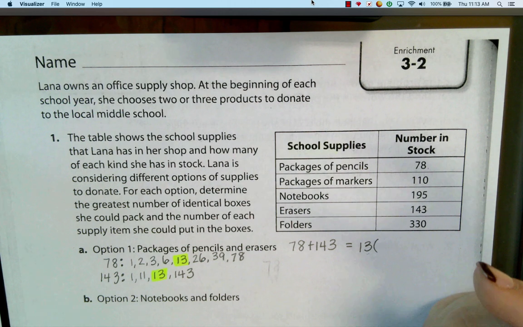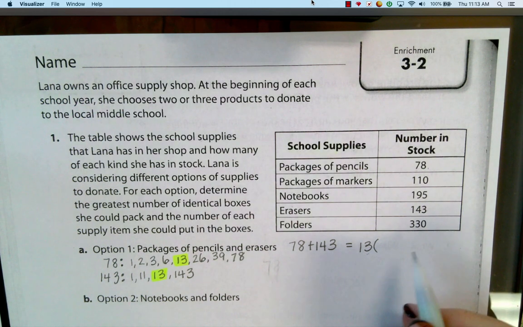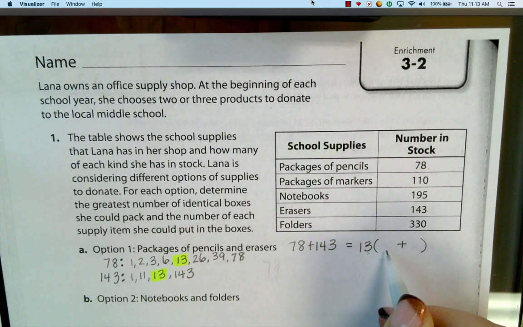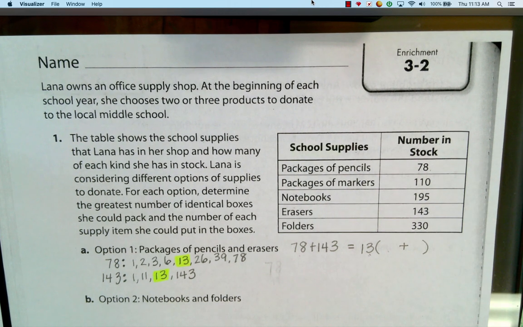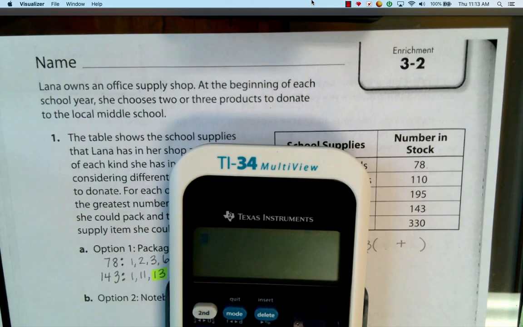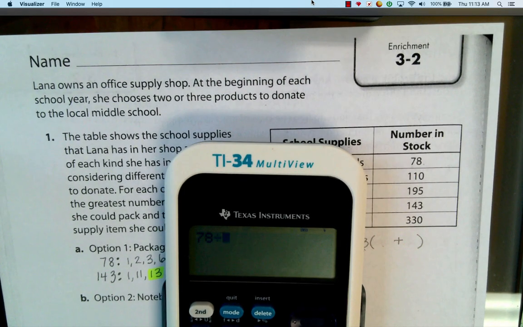Then, in the middle, right here in my parentheses, I'm adding together 13 times whatever this number is, the greatest common factor times whatever this is, meaning 13 times what is 78 is what you were really asking. So you can take your calculator if you want, and we're going to do 78 divided by 13. We get 6.